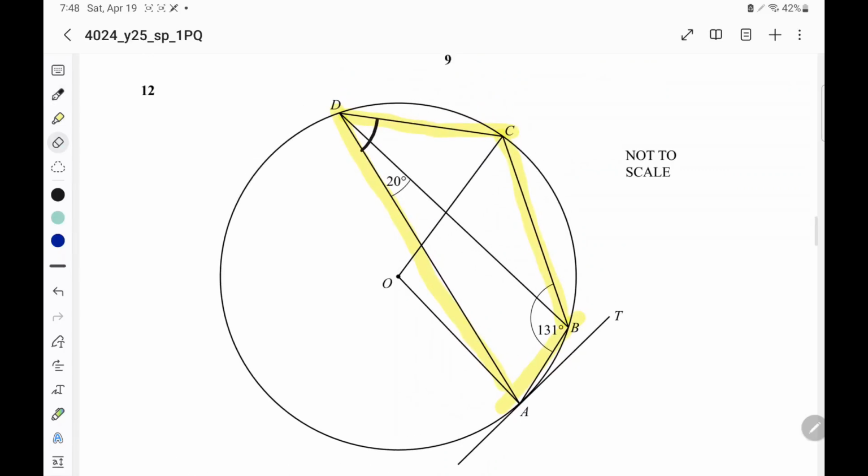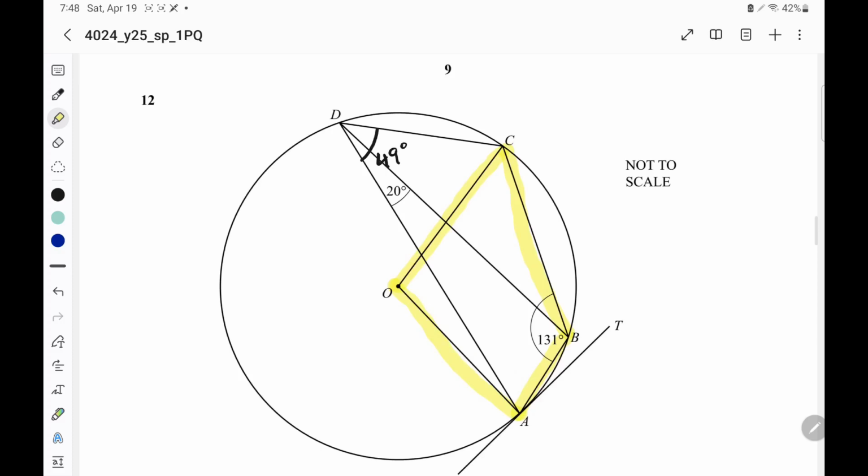Alright, the next part is AOC, A to O to C. Angle at center is twice the angle at circumference. You can see in this question, this is 131 degrees here. This angle is double the angle over there. This is the reflex angle.